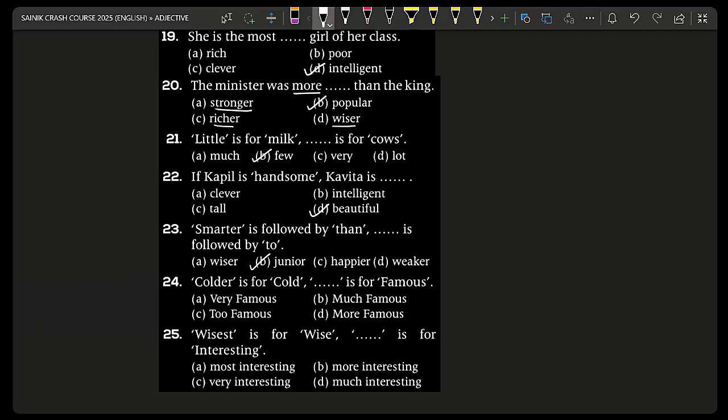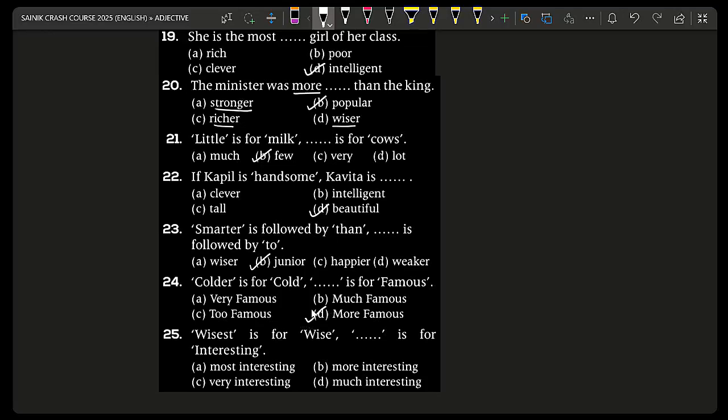The comparative degree of cold is colder. Famous, the comparative degree. Sir, your voice is stuck. Srivastav, for famous, what is the comparative degree? More famous. Yes, more famous is the correct answer.